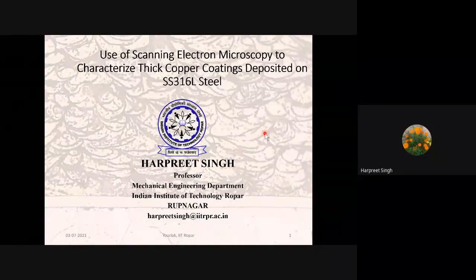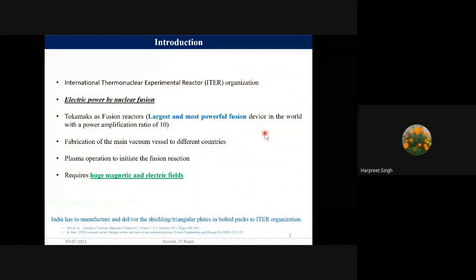Here are some introductory remarks about this work, just to put things into context. We know there's an organization, the International Thermonuclear Experimental Reactor, the ITER organization.